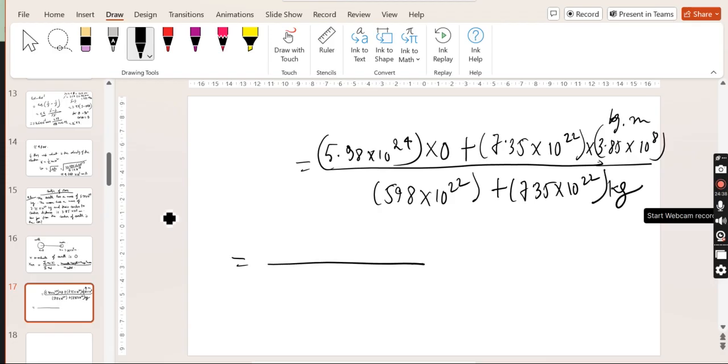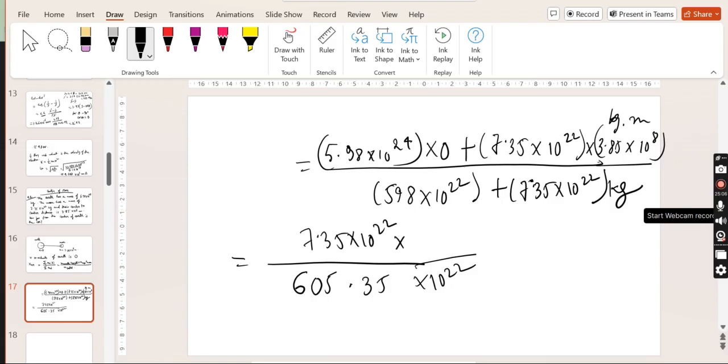So basically it is 7.35 into 10 to the power 22 into 3.85 into 10 to the power 8, kg into meter by kg, it is meter.